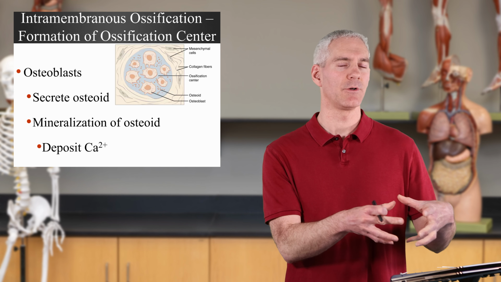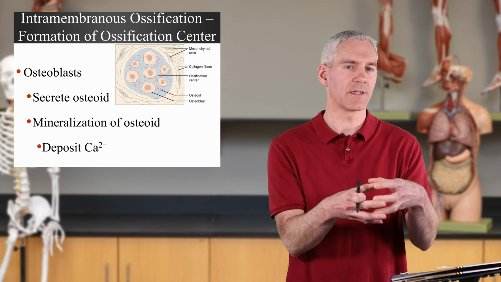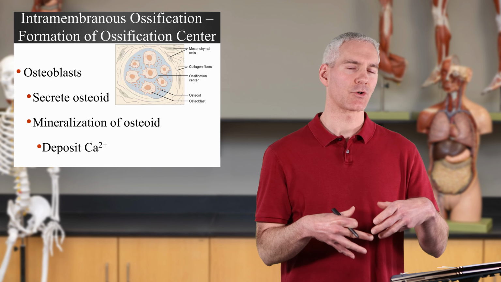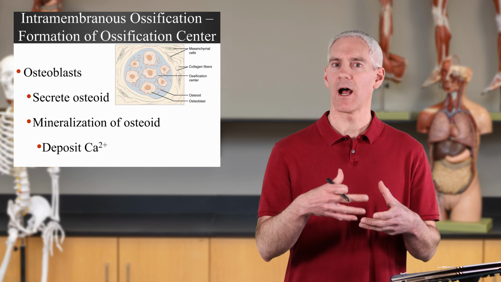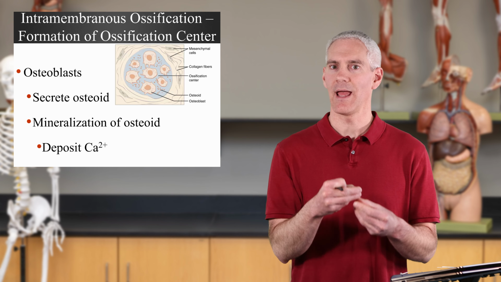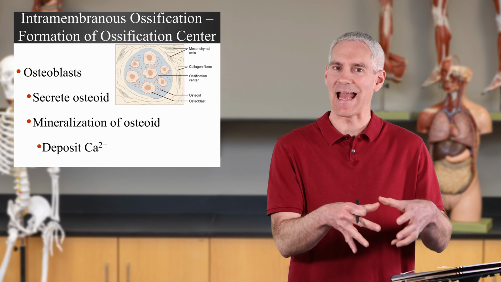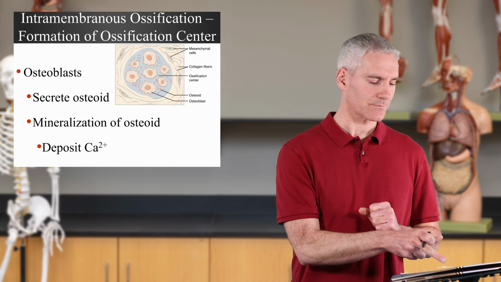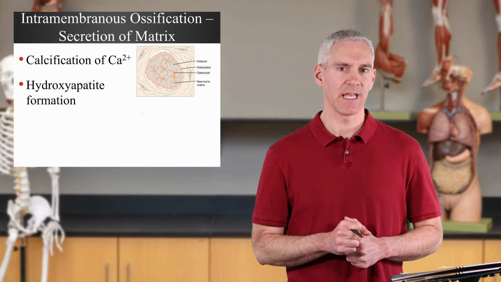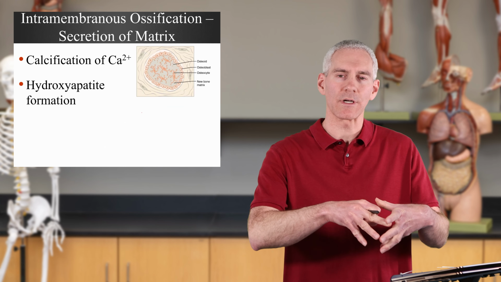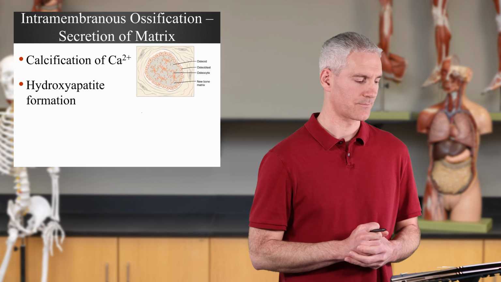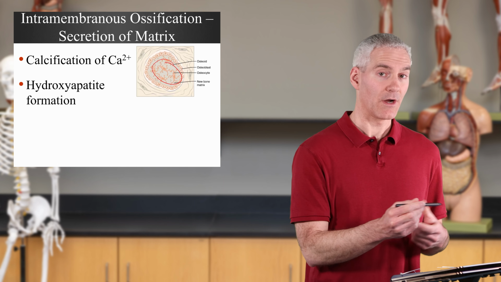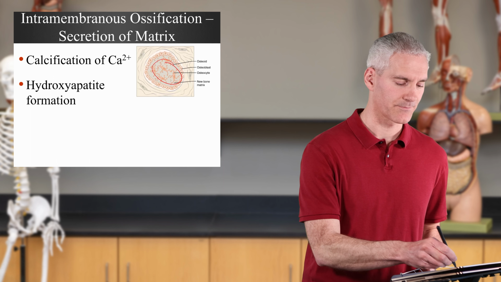So we have the osteoblasts that form a little cluster in the mesenchymal membrane. They then secrete osteoid, which attracts calcium and causes the mineralization to occur at that location. But that's just the start. As the mineralization occurs, as you keep having more calcification with calcium coming in, you're going to notice that on the inside here, there are no more osteoblast cells.